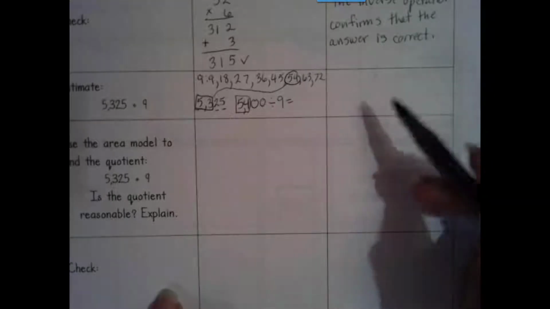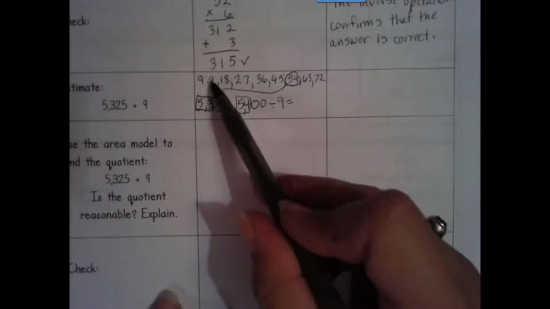And then I have 1, 2 places after, so I need 1, 2 placeholders. So here, 54, I'm going to divide into groups of 9. If you don't know what that is, well, look at your list of multiples. It's 1, 2, 3, 4, 5, 6 groups.